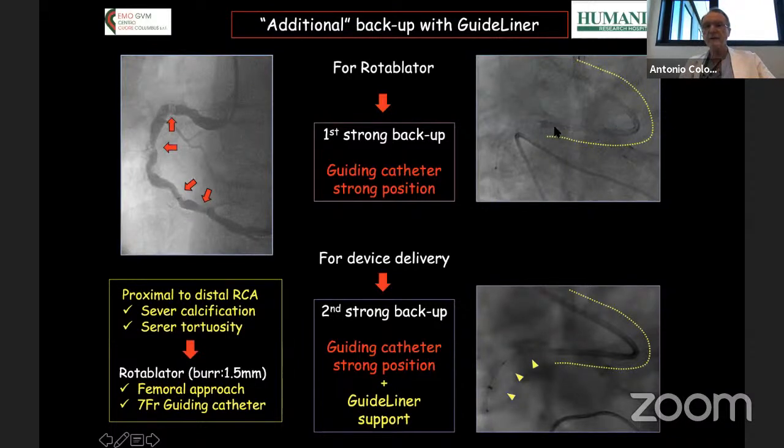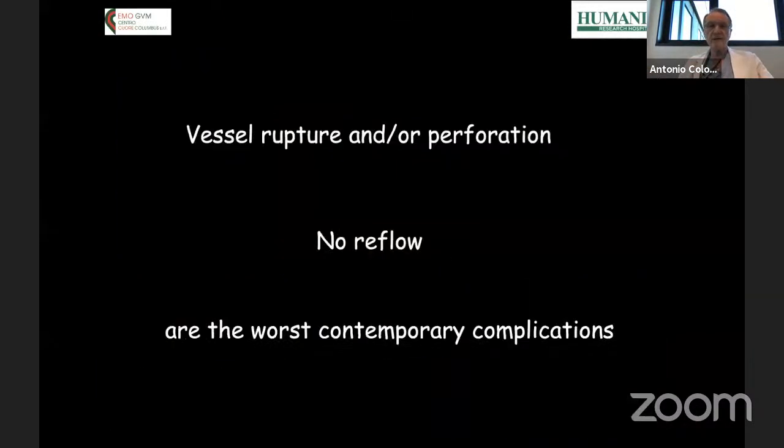Here you see a guide that has been pushed against the aorta of the opposite wall, needed to well advance the GuideLiner. Sometimes you can go with the balloon, distally inflate the balloon and pull. That's another maneuver that you need to put into action.